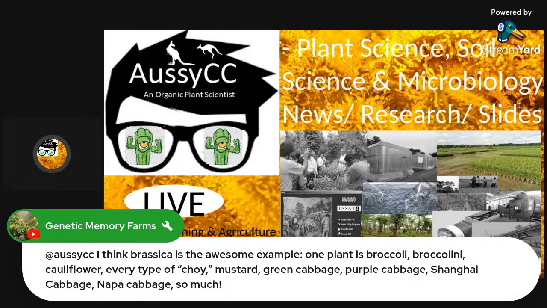Genetic Memory Farm says, Aussie, I think brassica is the awesome example. One plant is broccoli. Yep. It all started out as a mustard plant, and they made 7 plants out of mustard. They made Brussels sprouts also in there too. It was just excellent. And now they're going into the different varieties, like you got the green and purple cabbage.